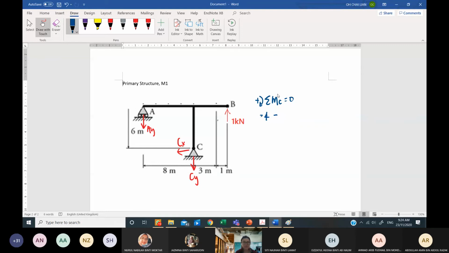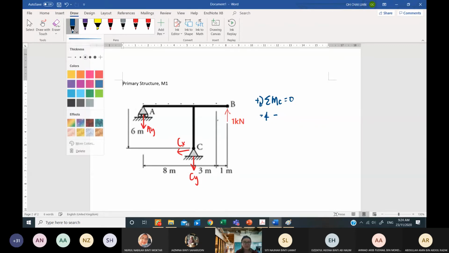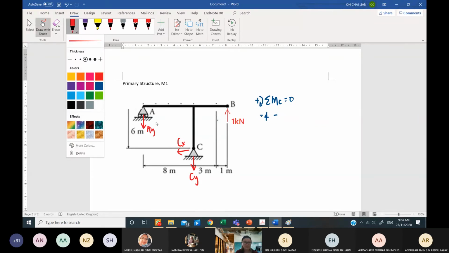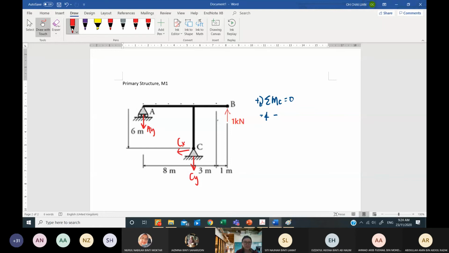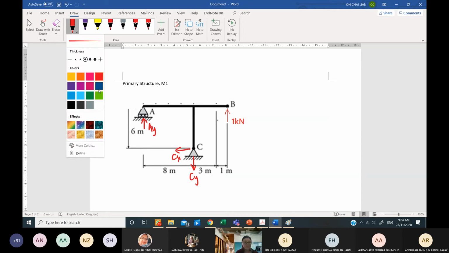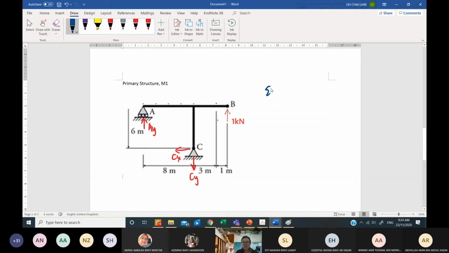I don't like it. Wait. Okay. So summation MC equal to 0.